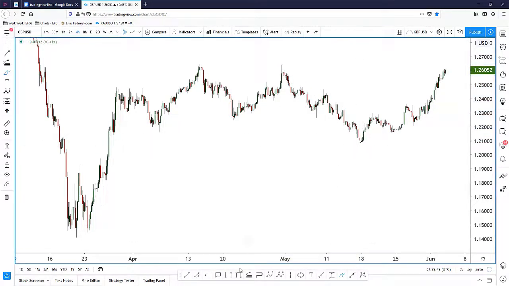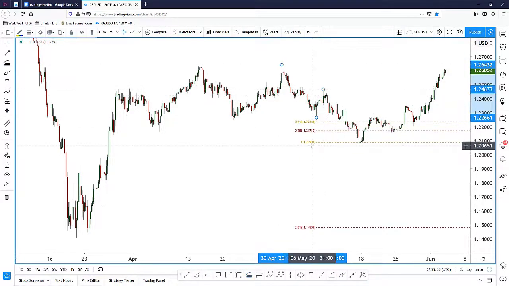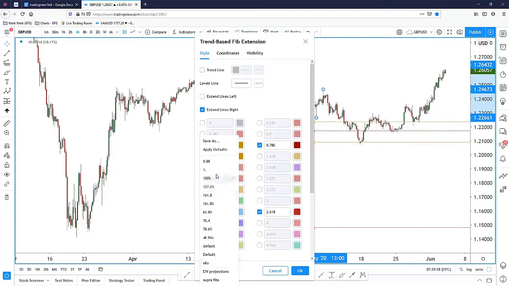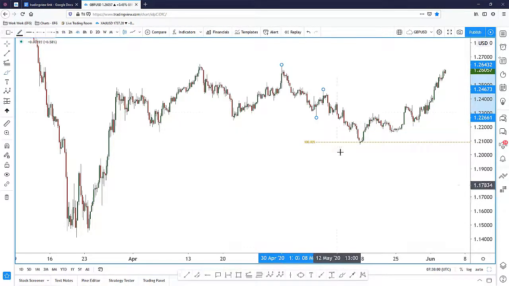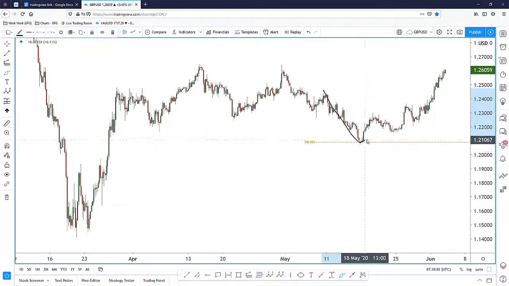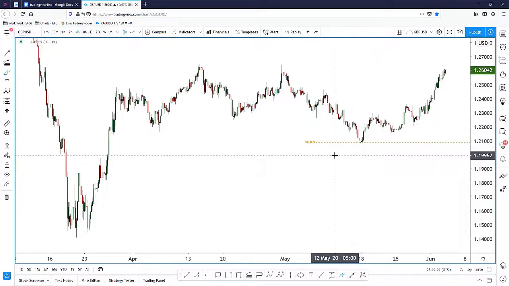So let's use Fibonacci extension. 0.1, take the spike, 0.2 to 0.3. We see that price actually reacted right at 100%. You see price came down, tested the 100%, and then reversed. So this is one factor that caused the reversal. It was a key Fibonacci extension.